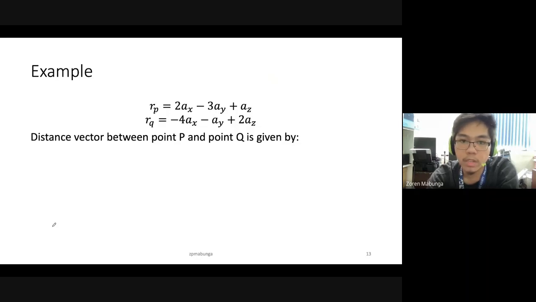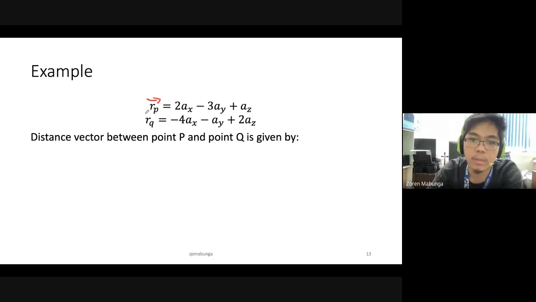Example daw, vector RP, may arrow dapat to sa taas, is 2ax minus 3ay plus az. So, pinahanap sa atin ngayon yung distance vector between point P and point Q. So, hahanapin lang natin si R, PQ. Okay? Which is, paano natin kukunin yan?